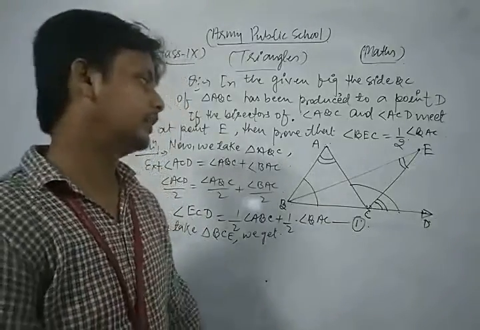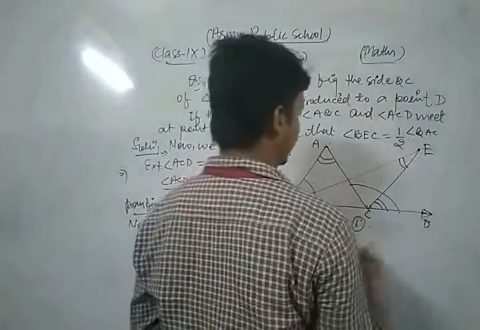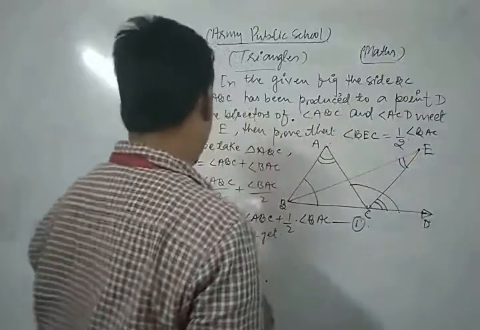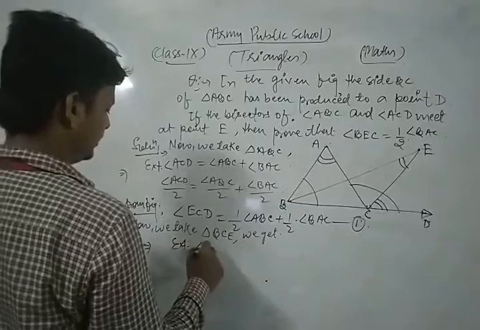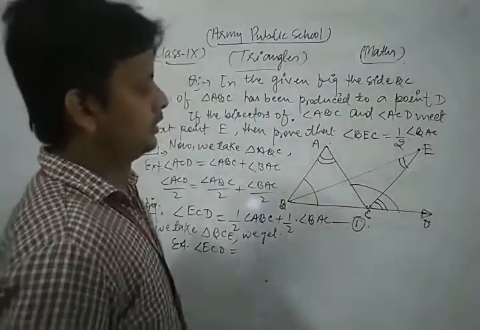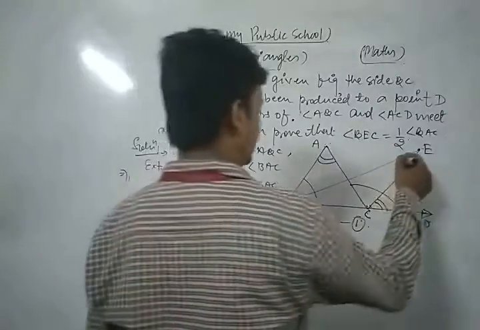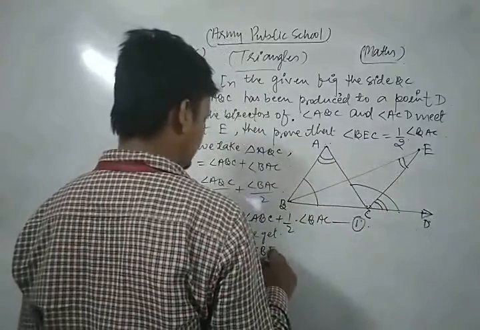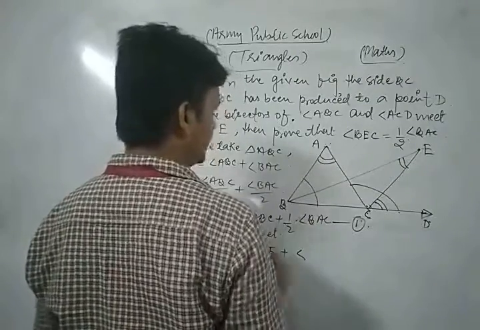For this triangle, the exterior angle is ECD. So the exterior angle ECD is equal to the sum of the opposite interior angles, that is, angle CBE plus angle BEC.